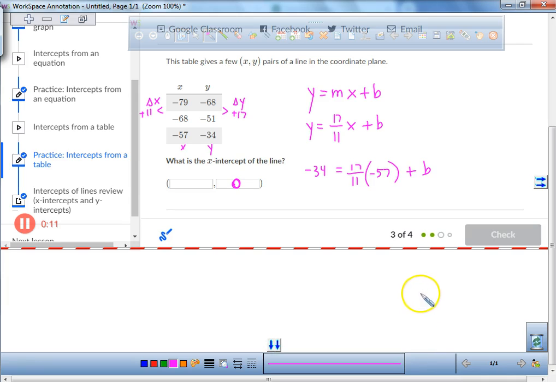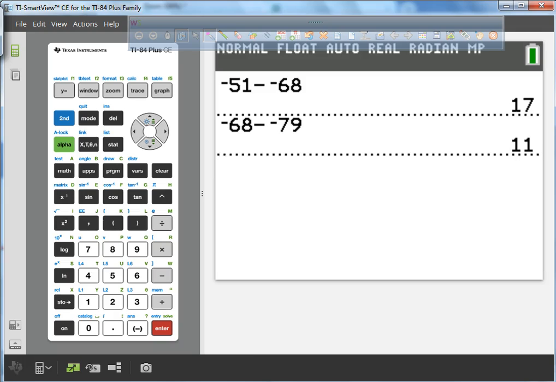If we were to do this by hand, I'm going to find my y-intercept, and then I will plug in 0 and solve for my x-intercept. So negative 34 equals 17 over 11 times negative 57.